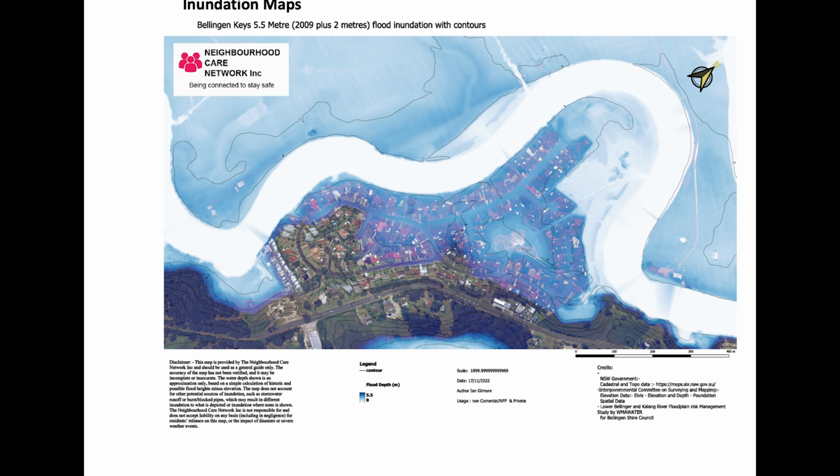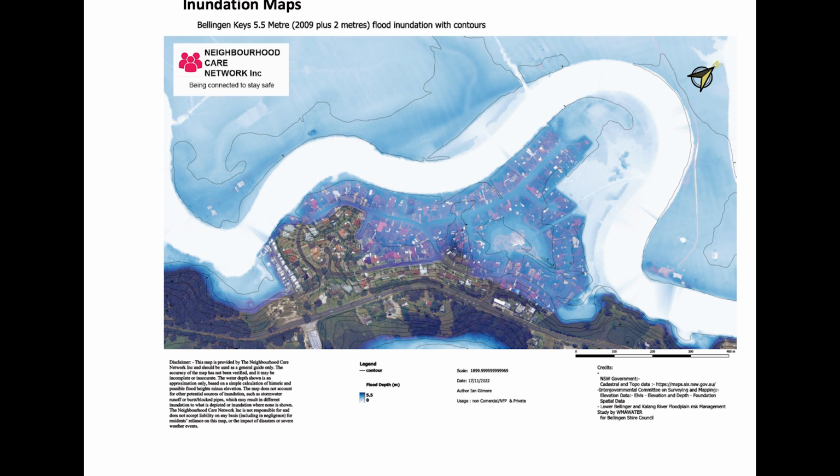Okay, so the very white areas, that's obviously the river channel. The heavier white is deeper, so you can see that the pond is getting increasingly white, and the slight blue tinge around the edges means there will be a little bit of water there.